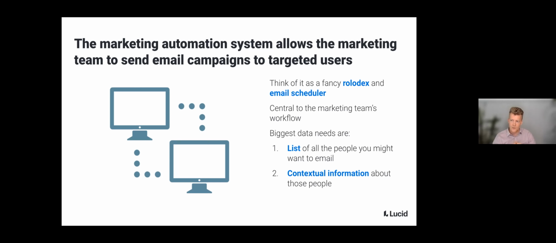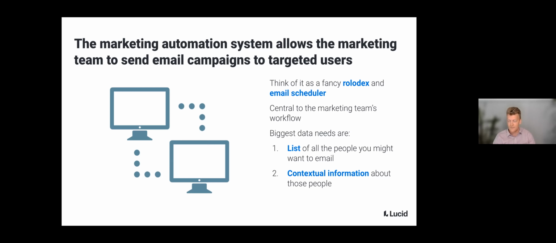This is an overgeneralization, but you can think of it as a very fancy Rolodex combined with an email scheduler. It lets our marketing team identify people they want to include in an email campaign and send them emails. It's absolutely central to the marketing team's workflow.